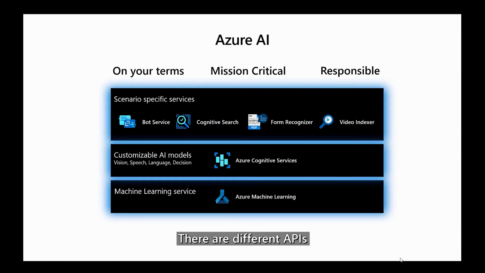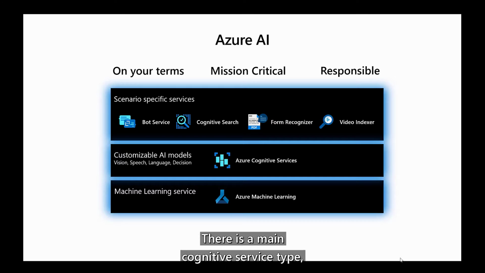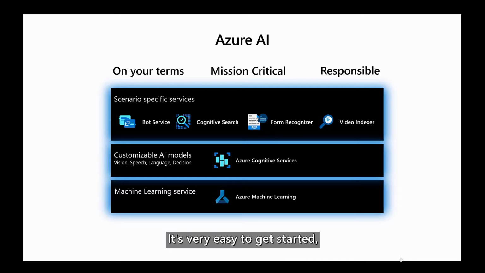There are different APIs within text analytics which you can call, and you can take a similar approach for other cognitive services, right? There is a main cognitive service type, and then there are sub features which you can use. It's very easy to get started, and I'll show you some demos as we go along.